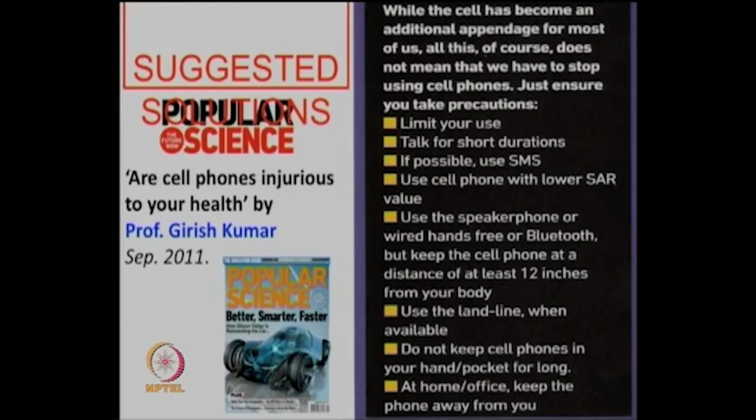So let's say you are keeping the cell phone for 6 hours, so 6 into 60, 360 minutes, you are putting the cell phone in your pocket, and if it is transmitting 1 pulse per minute, so roughly 360 pulses are going towards the base station, and it is slowly causing problems to you.